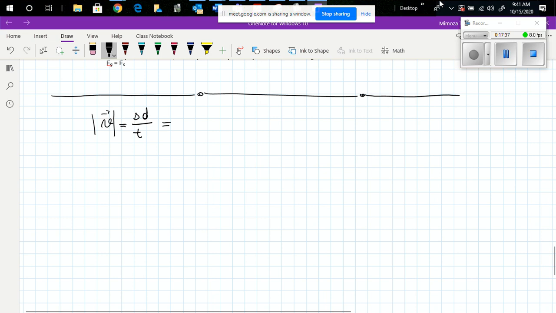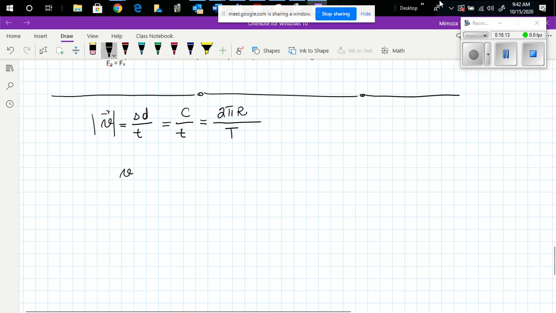Since the object is moving in a circle, the distance the object covers as it completes a full circle is the circumference of the circle over time. And now we know that the circumference of the circle is 2 pi r, and the time that the object takes to complete one full circle is known as the period.